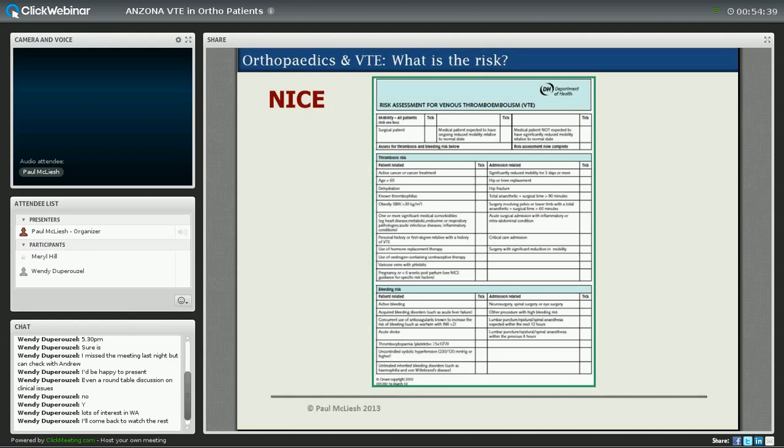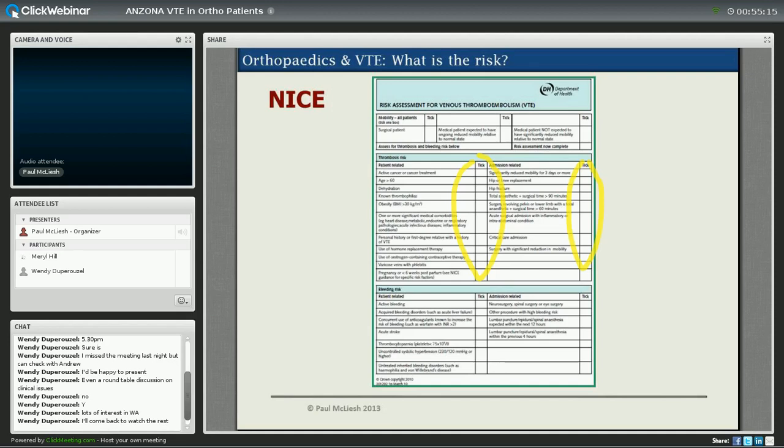You consider, have they got cancer, are they over 60, are they dehydrated, all those risk factors. It doesn't have a scoring system or anything like that, but I guess the idea is once you've identified one risk factor in there, so if you've ticked any of those boxes, so any of these boxes there or here, then you need to follow that up with a bigger risk assessment, and then have a consideration of designing individual prophylaxis for that patient because they've got some risk factors as well.